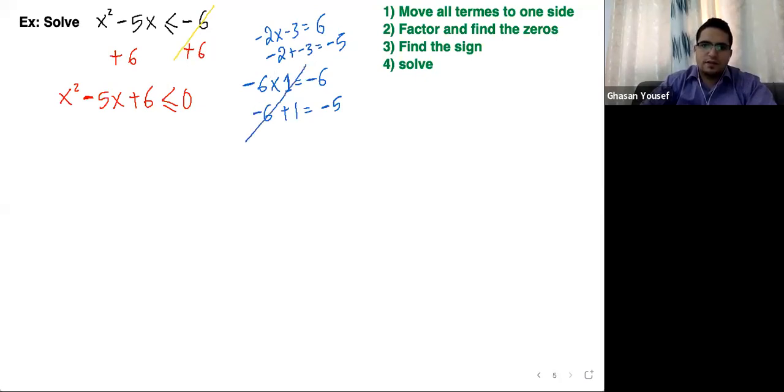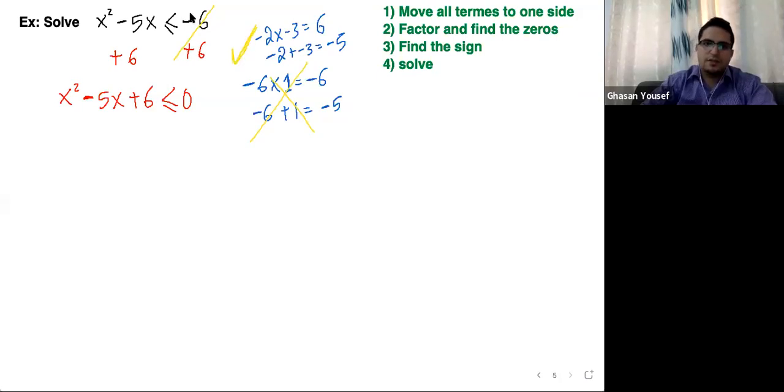So this will not work. For -6 and 1, I get -6 and -5, so they will not work. But for -2 and -3, the +6 and -5, this is correct.